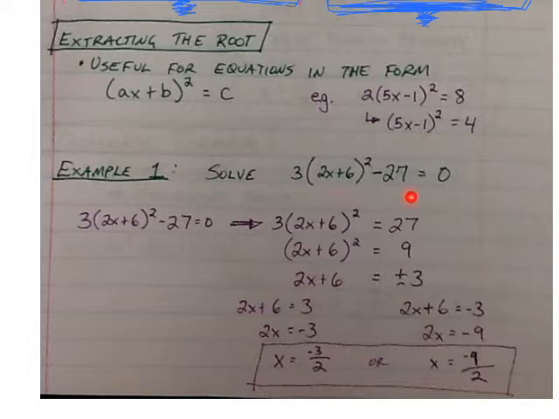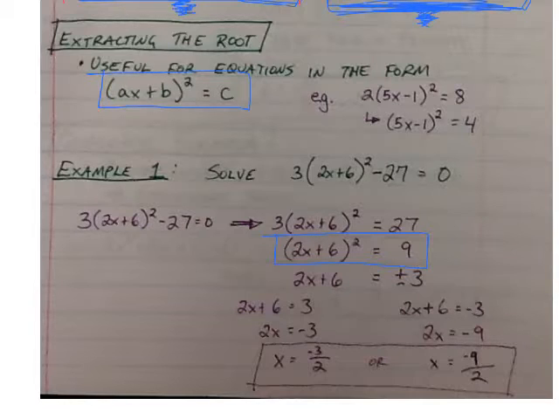So example 1, they give us the equation and we can extract the root from here. The first step is to move the 27 to the right side of the equation, and then we divide by 3, and that puts us in a state that is very much like what we described as useful for extracting the root.